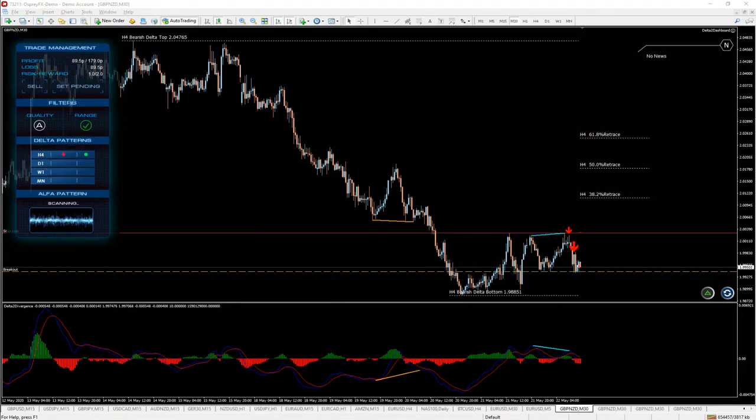This is also super interesting and valuable in my opinion, because if you have, as we saw many times, different arrows on the different time frames, it means we have different directions which are not synchronized between each other.